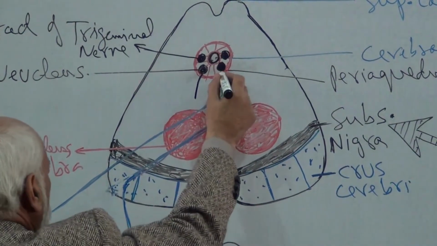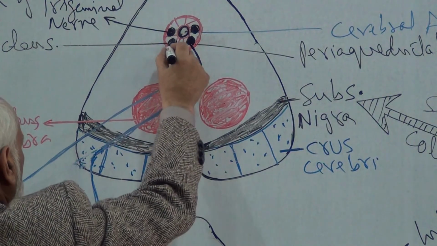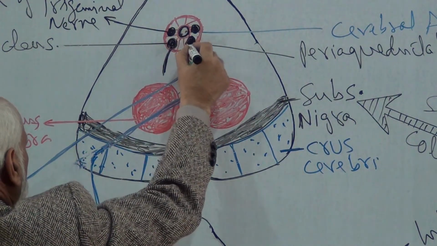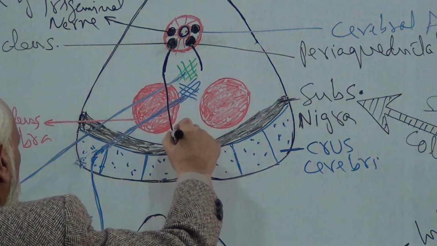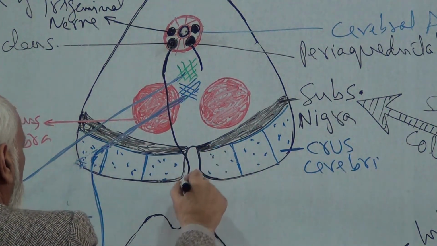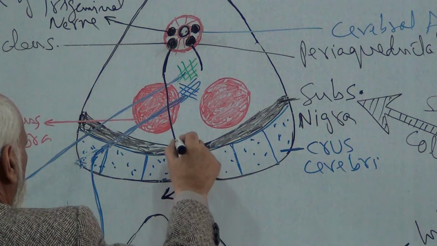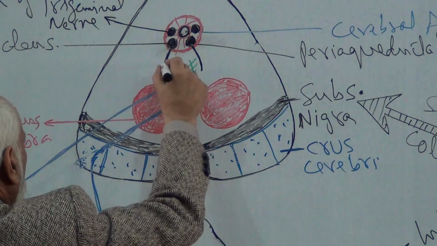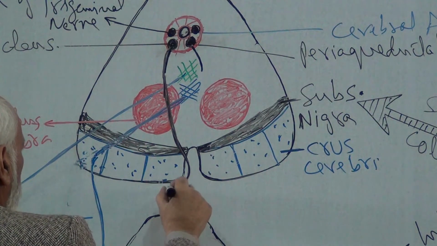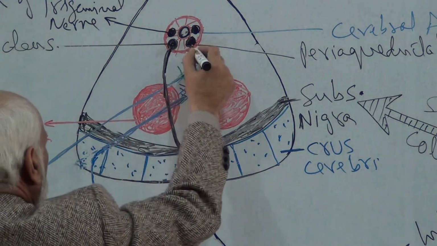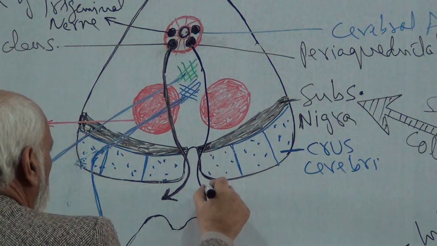Because the oculomotor nerve has a surface attachment to the anterior surface of the midbrain, the fibers of the oculomotor nerve run forwards, medially, and then emerge from the medial sulcus of the crus cerebri. So this is the intracerebral course of the right oculomotor nerve, and this is the intracerebral course of the left oculomotor nerve.